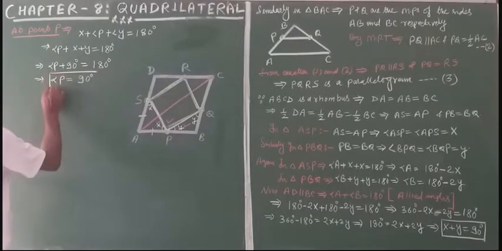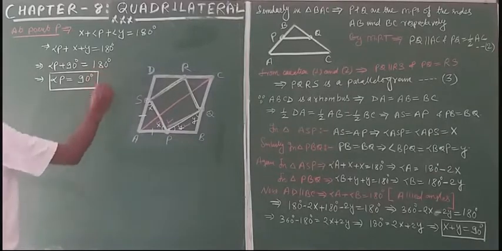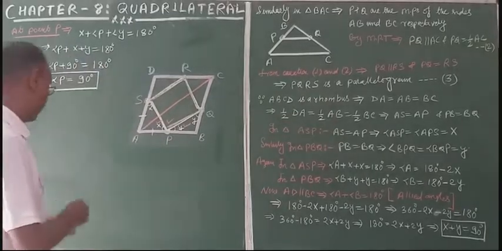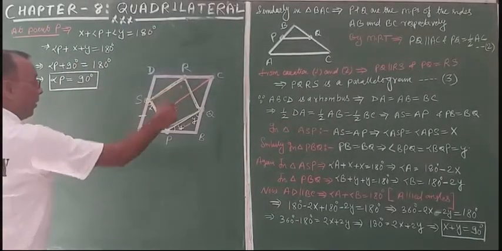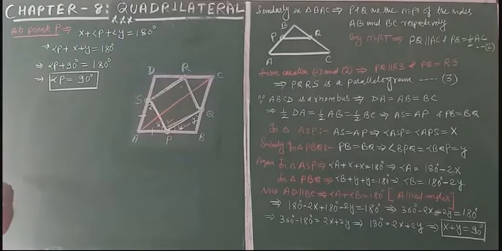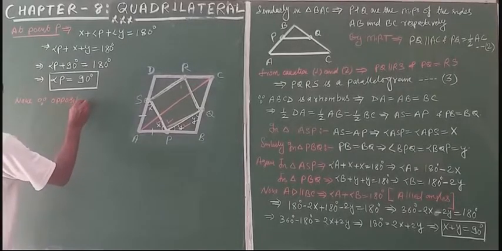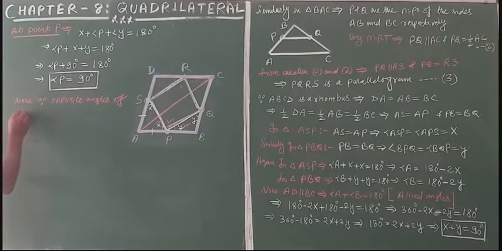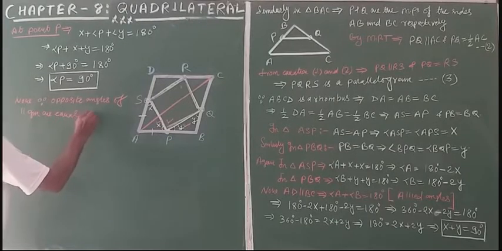Now since PQRS is a parallelogram, therefore angle R will also be equal to angle P, since opposite angles of a parallelogram are equal.